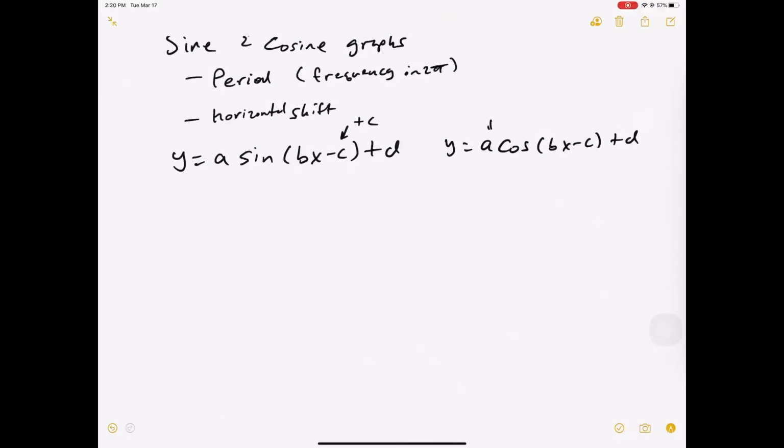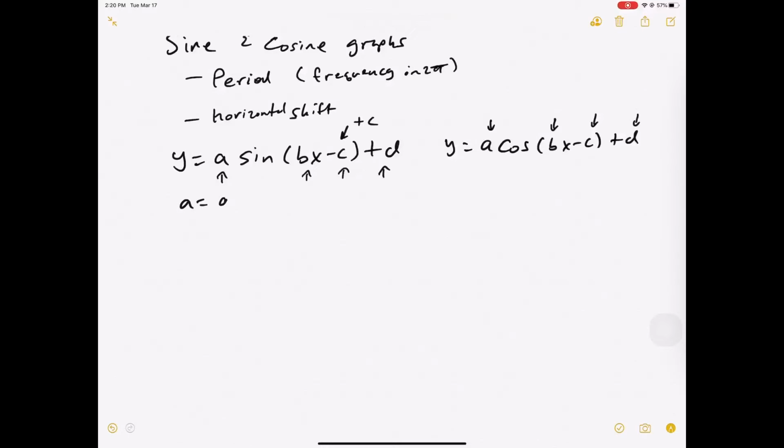As you can tell, they have the same characteristics of a, b, c, and d. And these four characteristics change the way the graph looks, whether the amplitude changes, the period changes, the frequency, the horizontal shift, the vertical shift. So we'll describe them all again.